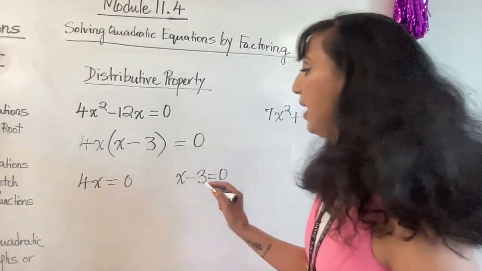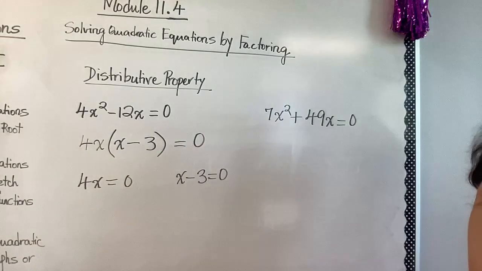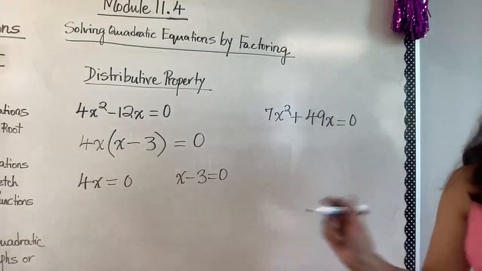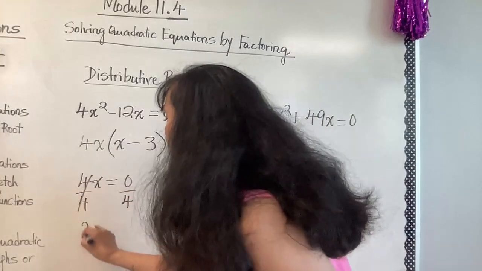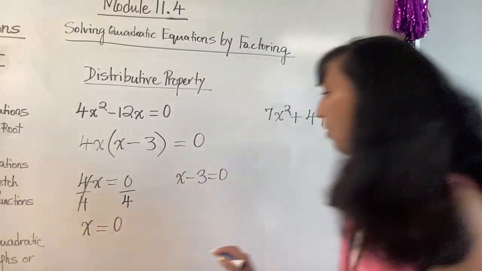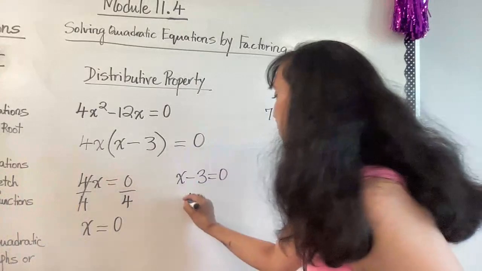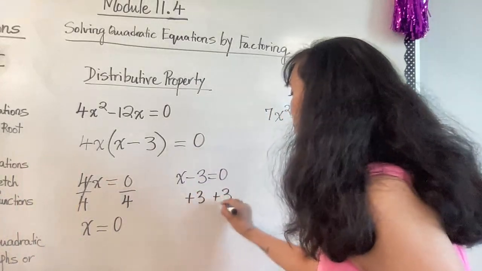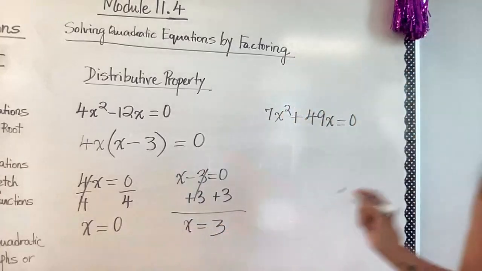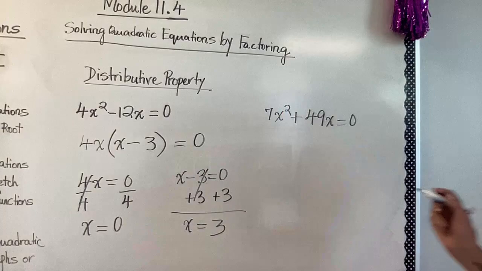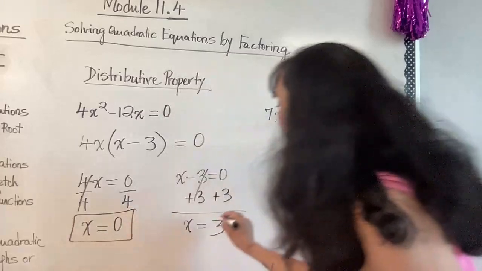So in this case, I am dividing by 4 on both sides, so therefore x is equal to 0. Okay, and in this case I'm adding 3, and so x is equal to 3. All right, so here are my two solutions for x.